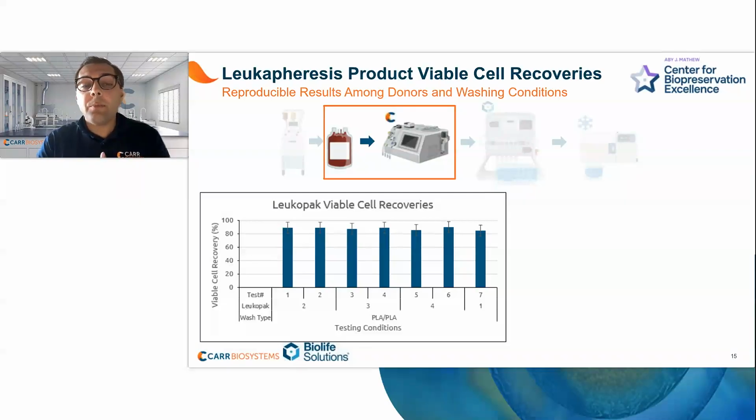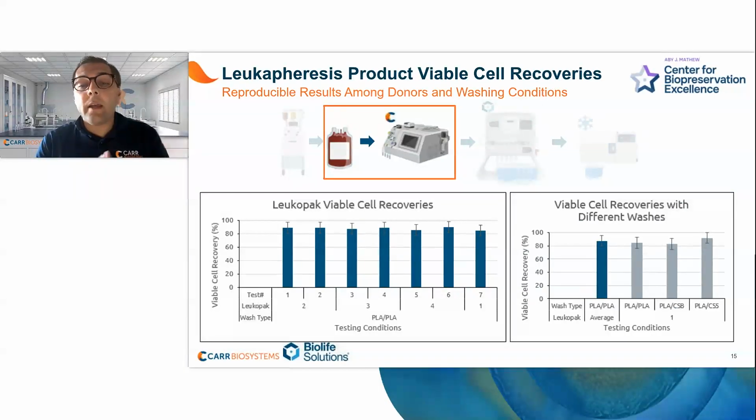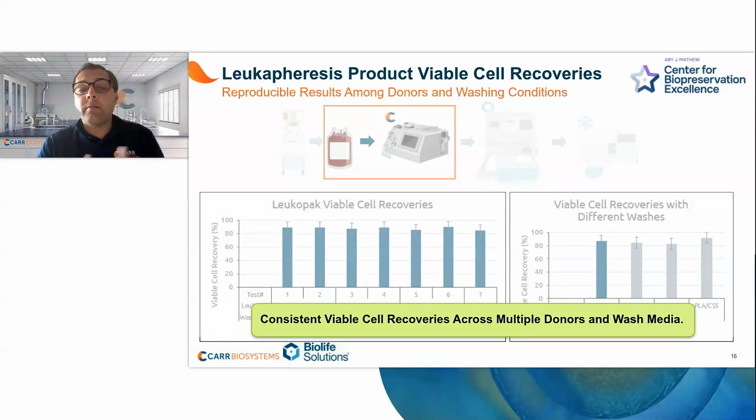Because we saw these reproducible results across the 7 different test conditions, we took it a step further and tried eluting the cells in cryopreservation media, in this case CryoStor base and CryoStor with 5% DMSO. Throughout those washing studies, we determined that viable cell recoveries with CryoStor base as well as with CryoStor 5 were similar, if not better, showing consistent viable cell recoveries across multiple donors as well as multiple wash media.